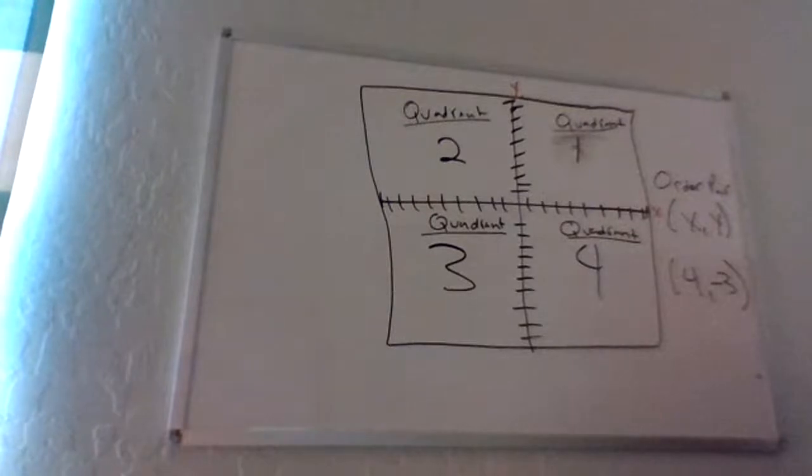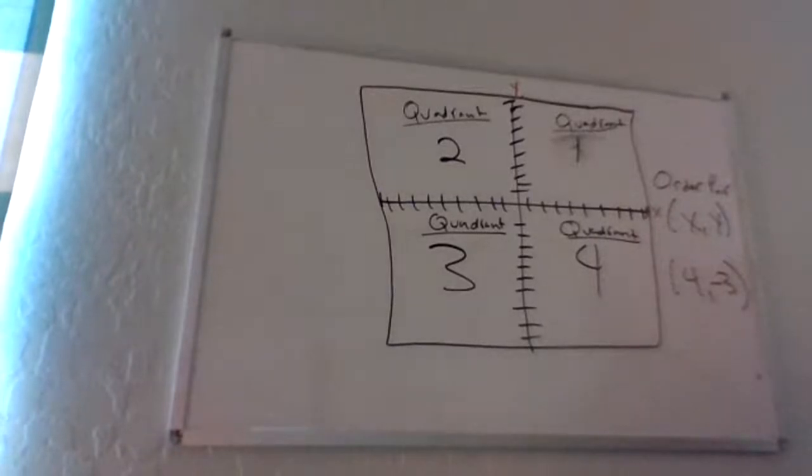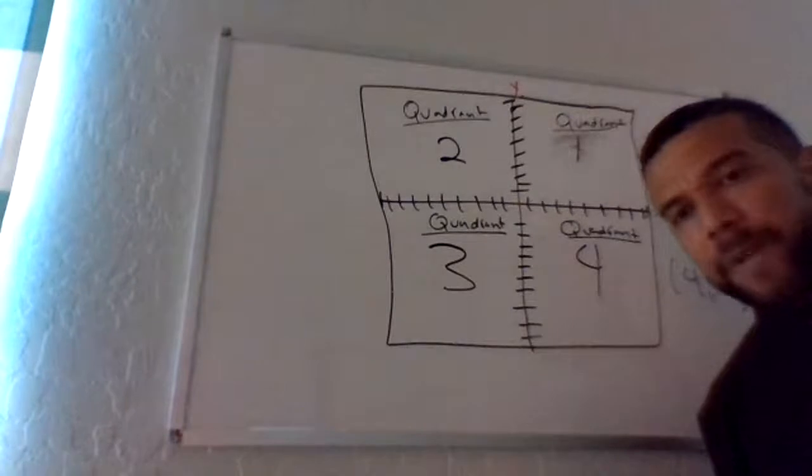But in quadrant 4, it's going to be negative for the y axis and positive for the x axis. Correct. And quadrant 2 is negative for the x axis and positive for the y axis. Correct. So you will need to know that, especially for geometry.